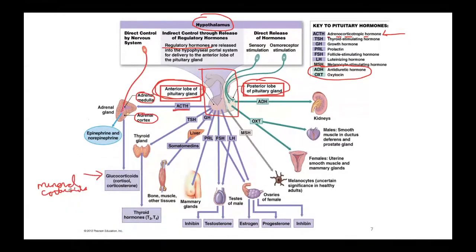Now, what's the mineralocorticoid? The mineralocorticoid was what we called aldosterone. And aldosterone was trying to help the body retain sodium. Think of salt, right? When I think of sodium, I think of NaCl, which is sodium chloride, which is salt.